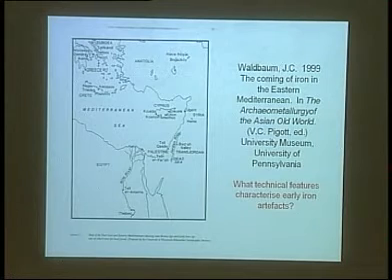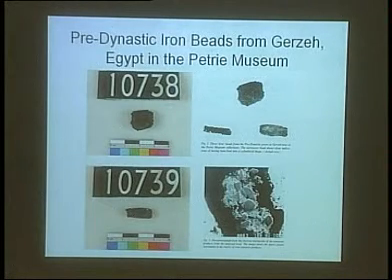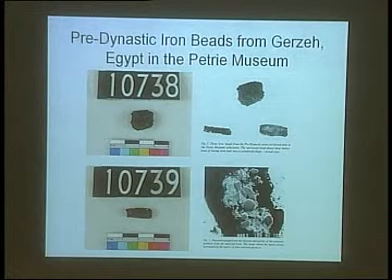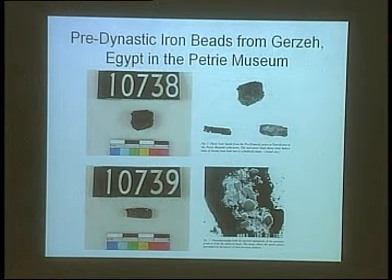If we start looking now at iron objects in context, well, what technical features characterize early iron? Well, some of the earliest iron objects are from pre-dynastic tombs in Egypt. We've got some in the Petrie Museum. Other people have studied them, Desch and others.